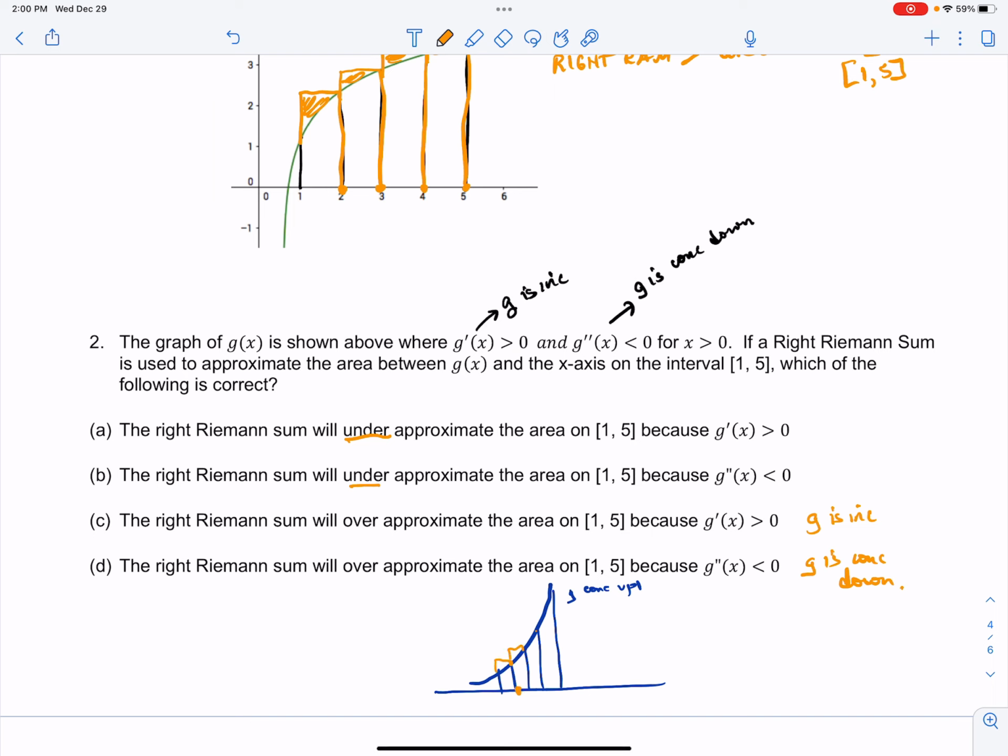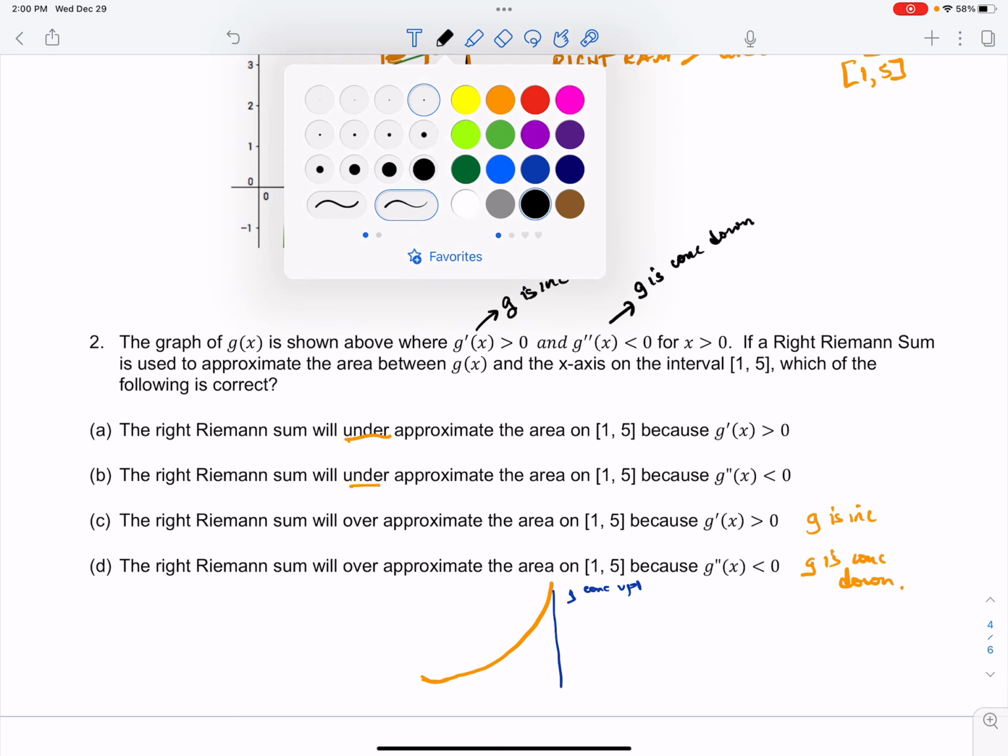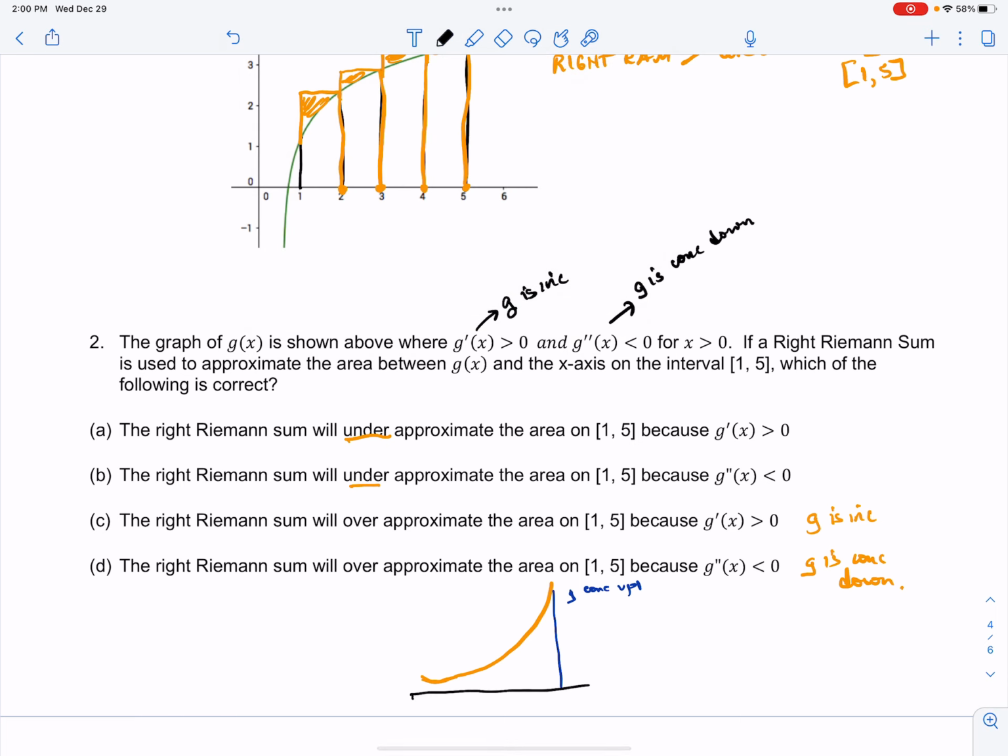Wait, this is concave up. Right RAM, oh no, right RAM is this way. Oops, I drew this wrong. I knew I did this wrong. Okay, let's do it again. So if g is concave up, like this, and we use right RAM, and I started subdividing this and used the endpoint on the right.